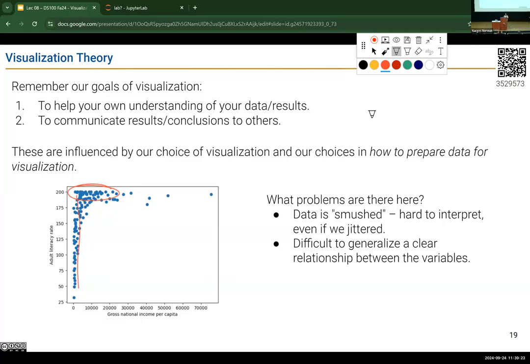So if you increase GNI here, then technically your adult literacy rate is not going to change much, because most of your data is on this vertical line.